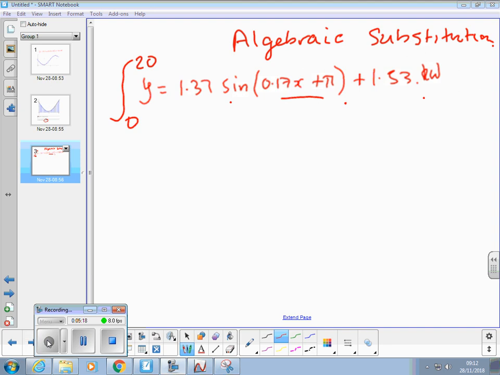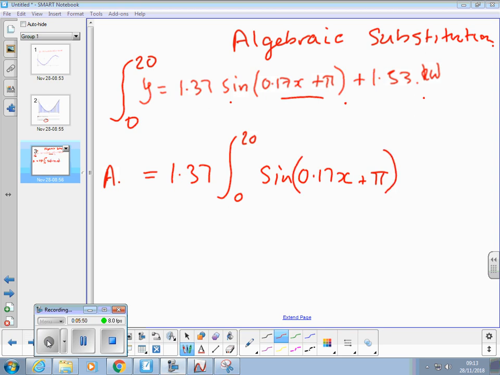First, 1.37 times the integral between 0 and 20 of sine(0.17x plus pi), plus the integral between 0 and 20 of the constant on the end, which is 1.53.